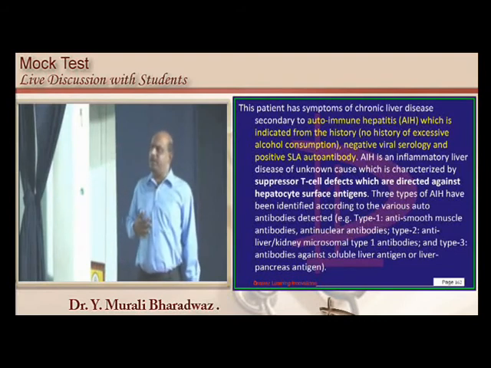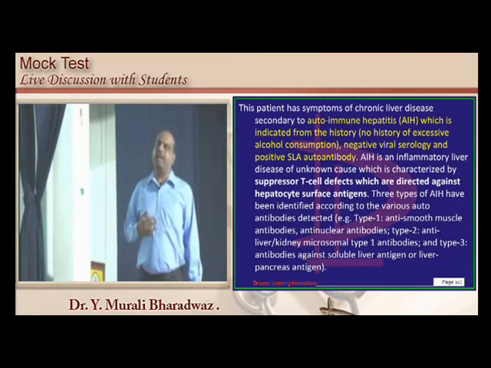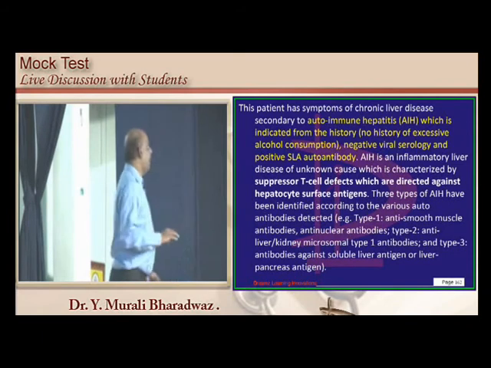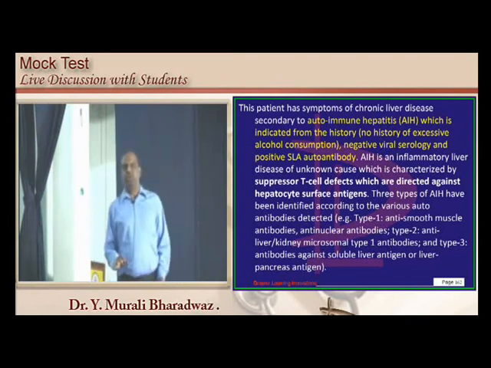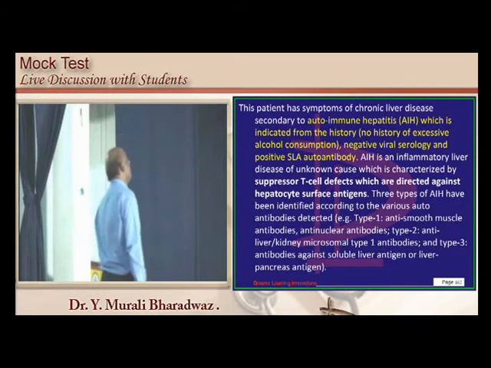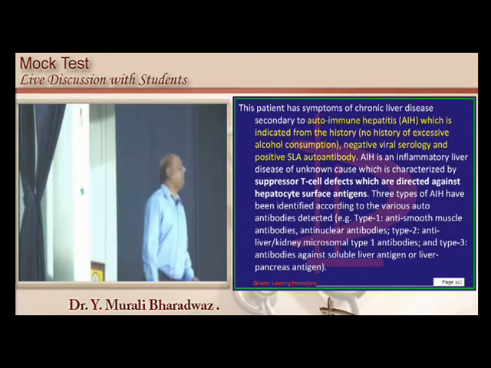Whenever liver transaminases are elevated, the first thing we think of is a viral cause. So with all viral serology negative and soluble liver antigen SLA positive, it is in favor of autoimmune hepatitis, which can be treated by giving prednisolone. That is what needs to be remembered.